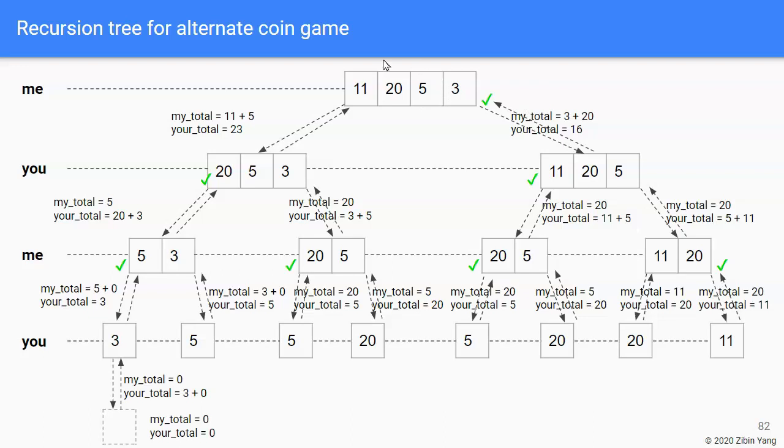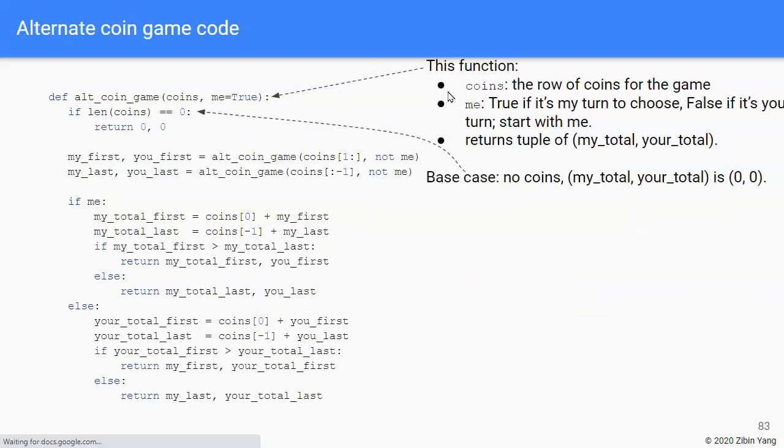Okay, now that we have our recursion strategy in pseudocode, and we see what happens if we apply the recursion on this particular game, let's work out the code. Here is the code that I wrote. I'm going to define this function altCoinGame.